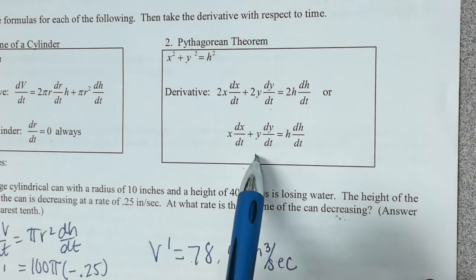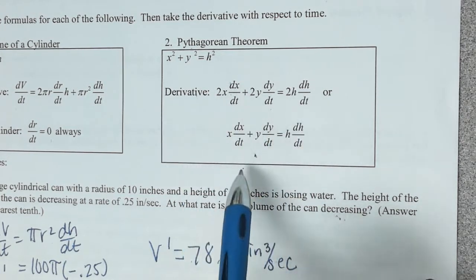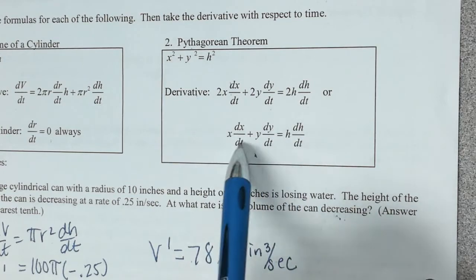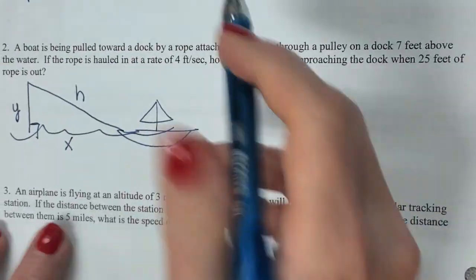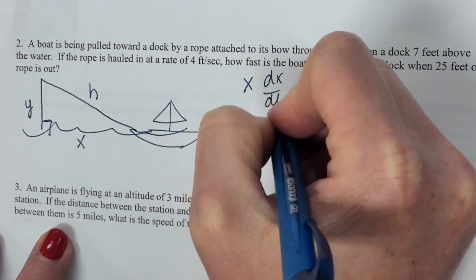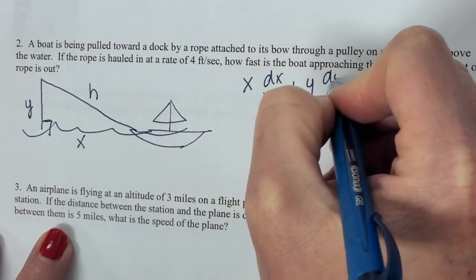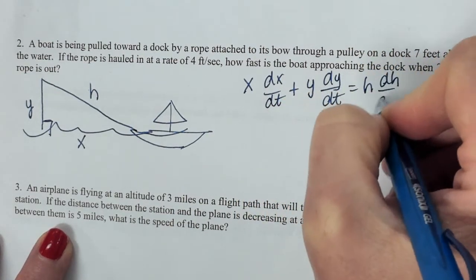What did they do? Yeah, just divide each term by 2. It's still equivalent. Okay, so we can use this formula then. So I'm going to write that formula down: x dx/dt plus y dy/dt equals h dh/dt.